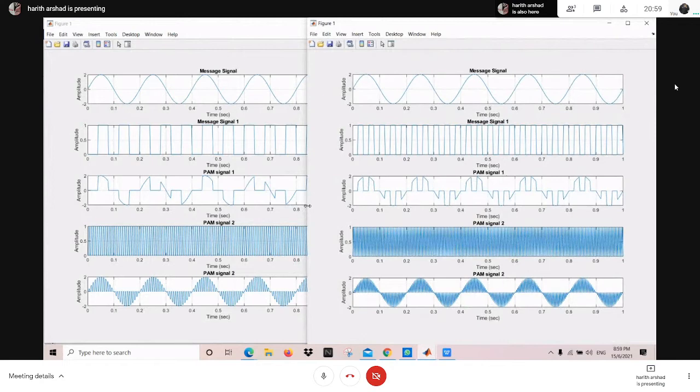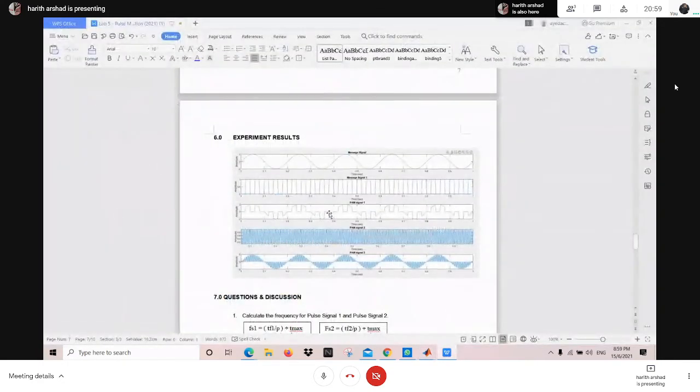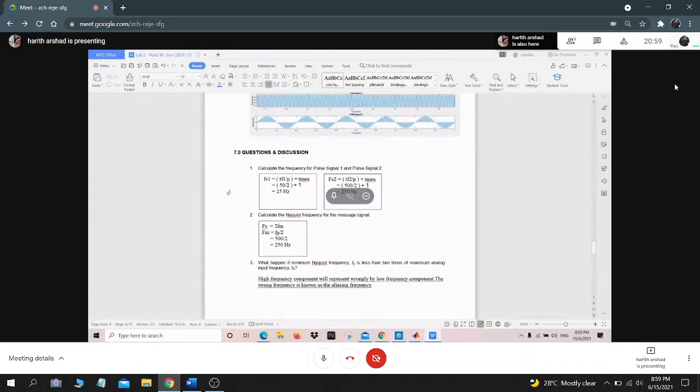This is the original graph, and this is the graph where I changed the value of the sampling rate. The difference is the time distance and the amplitude of message signal 1. Now I will pass to my friend to explain the questions and discussion.